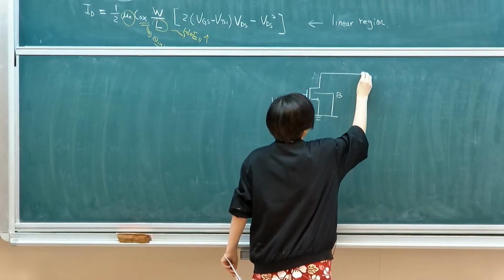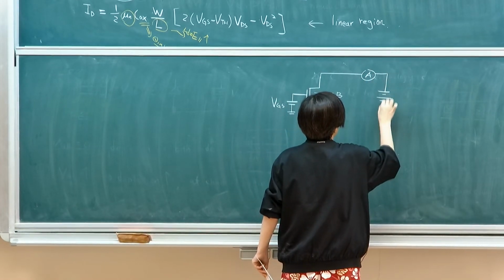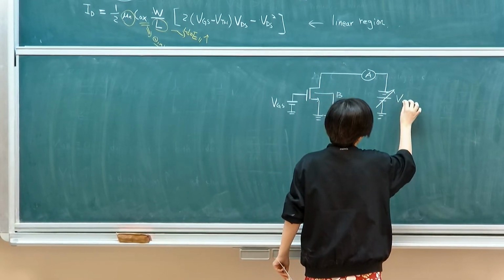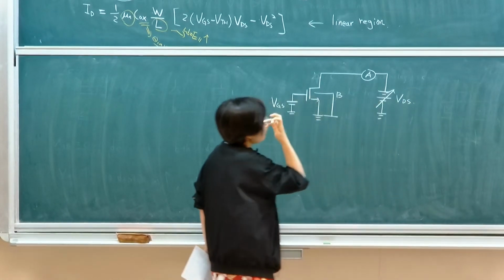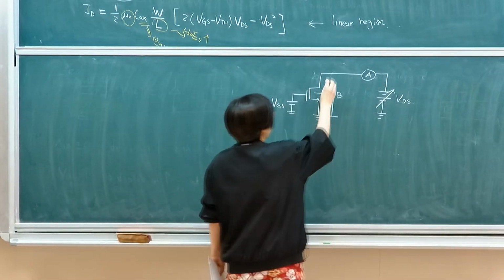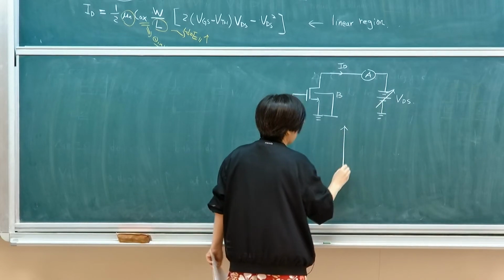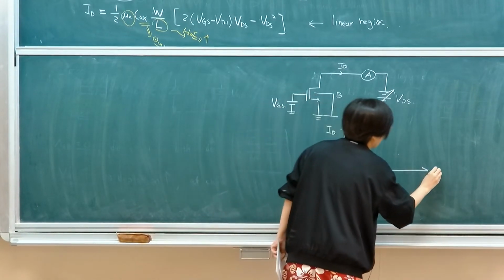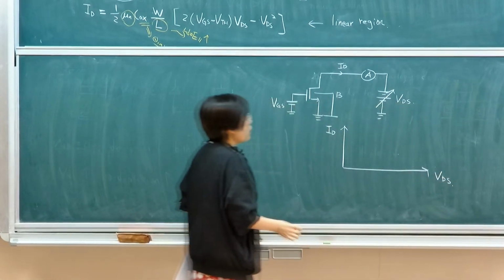What we're going to do is do the same thing, measure the current and voltage relation, the output current and voltage relationship, ID versus VDS. If you're measuring ID versus VDS, it will look something like this.